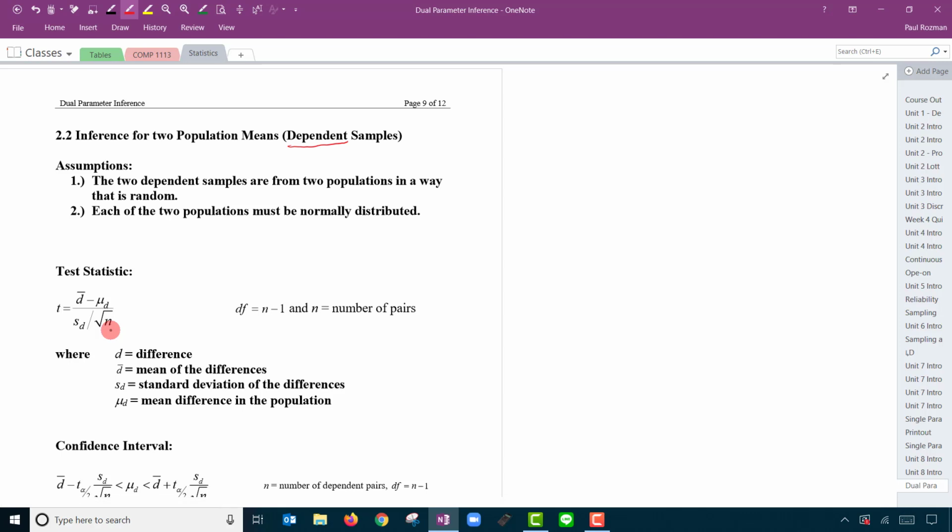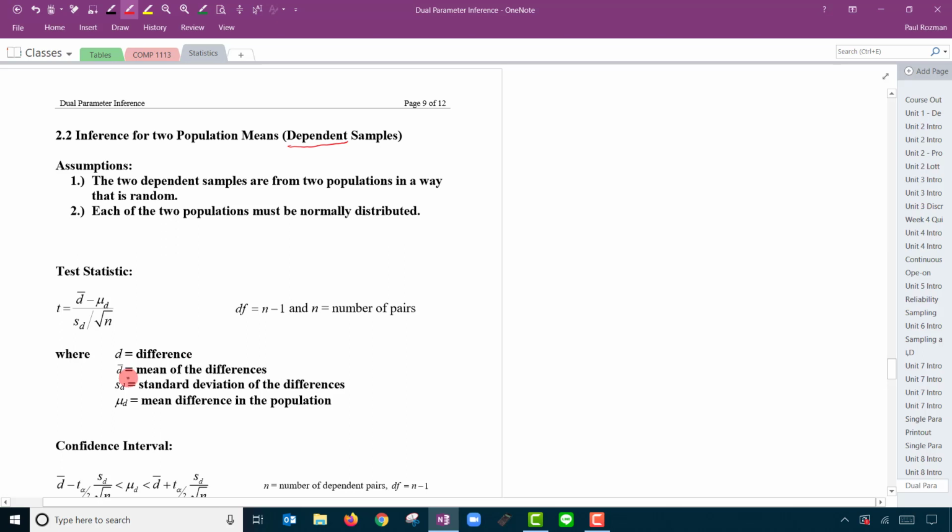So we're basically going to calculate the differences before and after, say, we do something. So my weight before the diet and then my weight after the diet, we subtract the two and we get a difference, and then we just study that single variable, called d for difference.